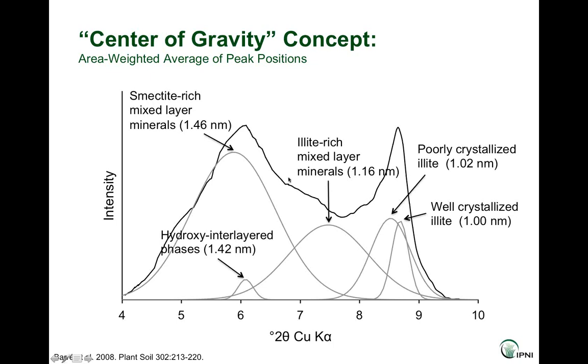So if we can just look at the spectrum and do a weighted average, we can come up with some sort of a concept that's called the center of gravity. So this is just an area-weighted average of these spacings. And so I'll show how this can be applied to the potassium problem.